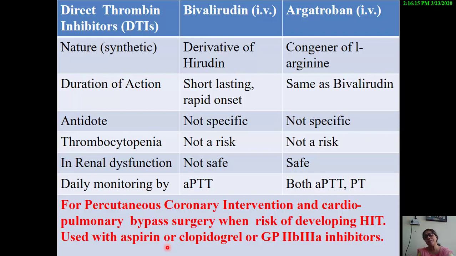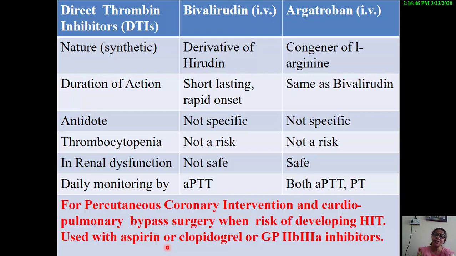So when bivalirudin binds to the catalytic site of thrombin, it inhibits the effect of thrombin in converting fibrinogen into fibrin, and the other effects of thrombin where thrombin has an effect on activating platelets or promoting platelet aggregation, that effect is also inhibited, and the effect of thrombin in activating the upstream clotting factors is also inhibited.